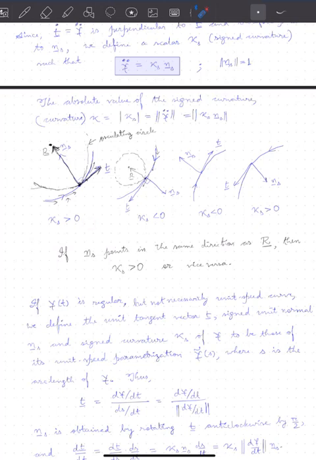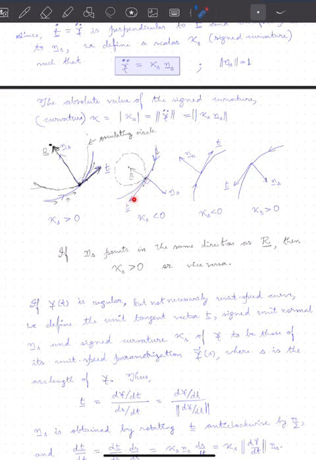Right? And in the scenario where we have just reversed the situation, that we are traversing the curve, or we have reparameterized in a different manner, such that progressing along this curve now means we are following the opposite direction, right? So we start at this end and then proceed along the curve here.